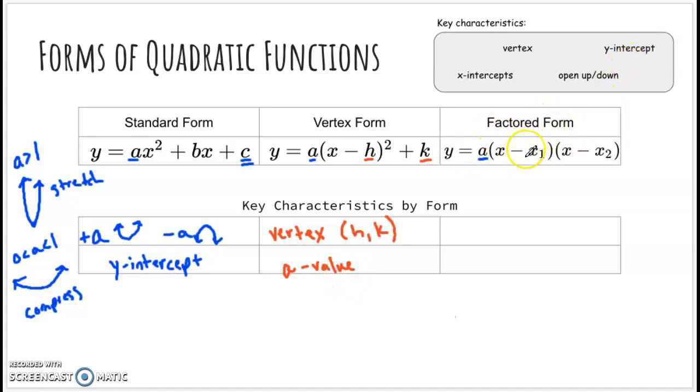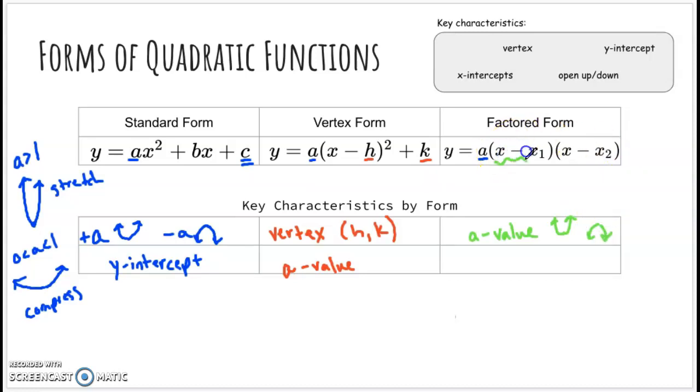And then factored form. In factored form, we've got that A value again. So that A value tells you whether your parabola opens up or down, and whether it's stretched or compressed.